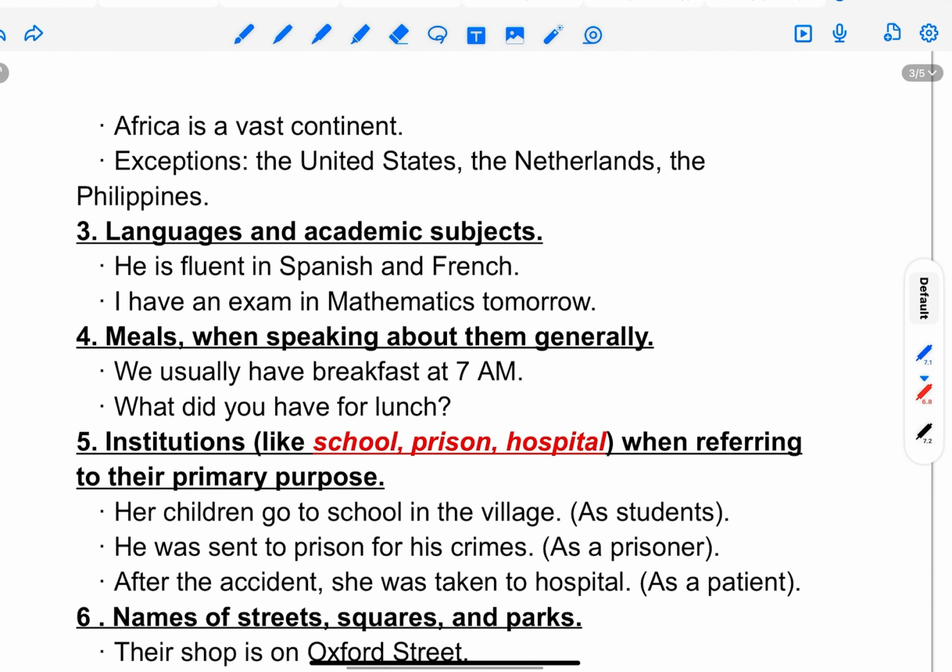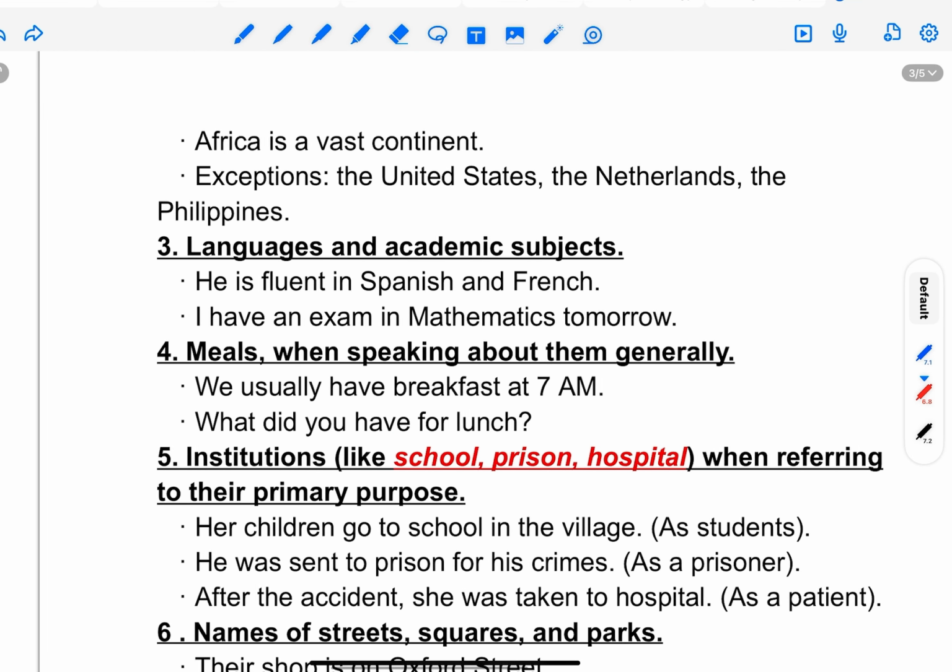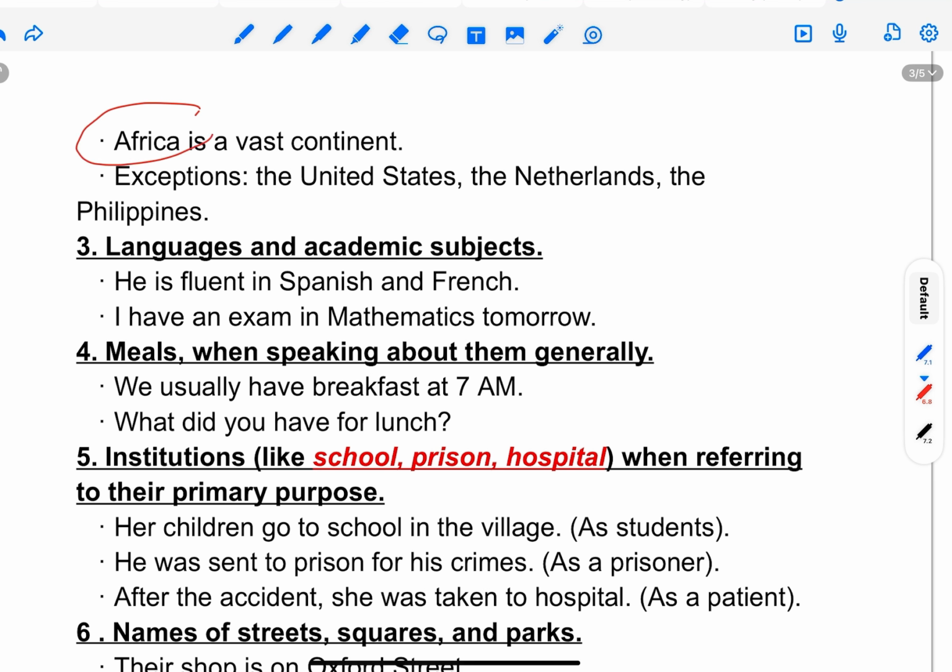Africa is the name of a continent, so we have not used any article before it. But there are certain countries which take the article "the" before them. For example, the United States, the Netherlands, the West Indies, the East Indies, because these are groups of countries, the United Kingdom. Such countries are the exceptions.